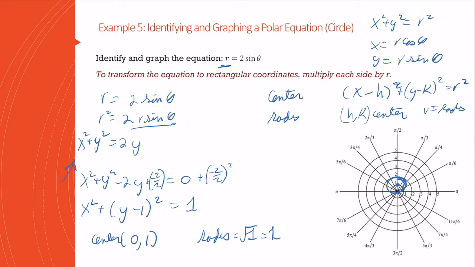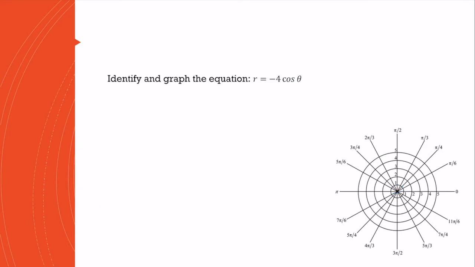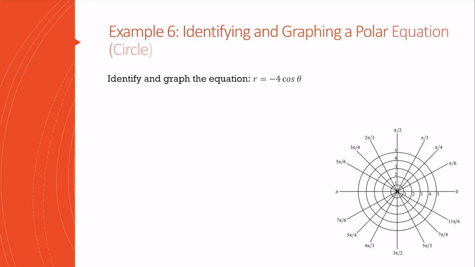Let's do one more example. We're finding a circle. Remember, if I get r equals something, its graph is going to look like a circle. So if I have r equals negative 4 cosine theta, that means r squared equals negative 4 r cosine theta. We used our trick of multiplying both sides by r. r squared is x squared plus y squared. r cosine theta is x.